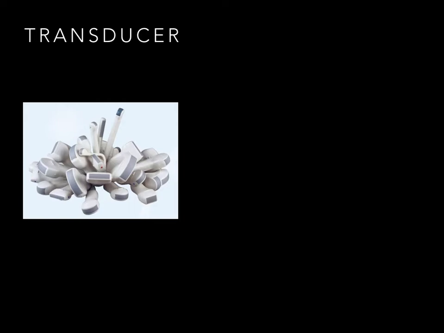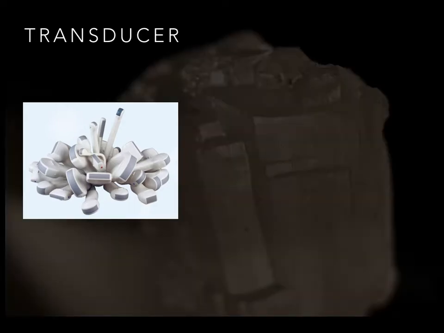In general terms, a transducer is a device that transforms energy by changing different types of energy. The ultrasound transducer changes electrical energy into mechanical energy. Its principal component is a piezoelectric crystal, which is produced from quartz or titanite ceramic.